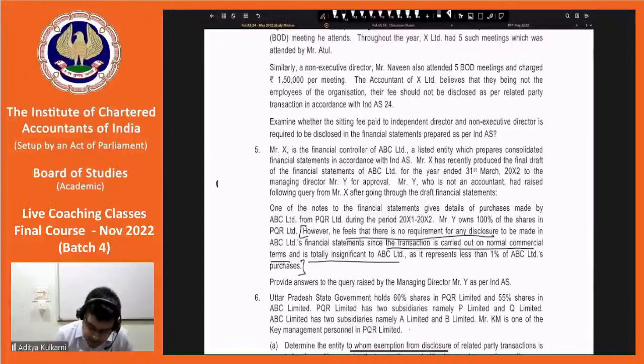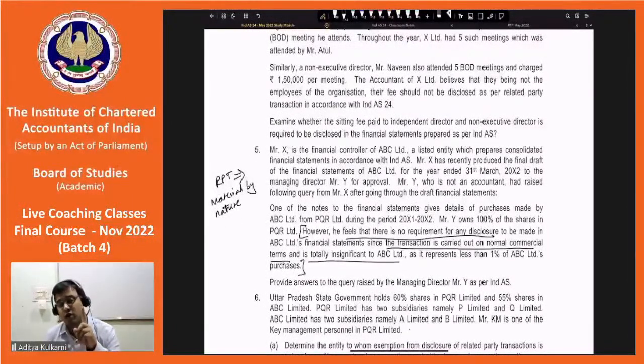Related party transactions, if you have done your audit paper, you will know that related party transactions are material by nature. Even if the transaction is worth 1 rupee, even in Reliance ke books mein, suppose it is a multi-million dollar company, even if there is a 1 rupee transaction between related parties, it has to be disclosed.